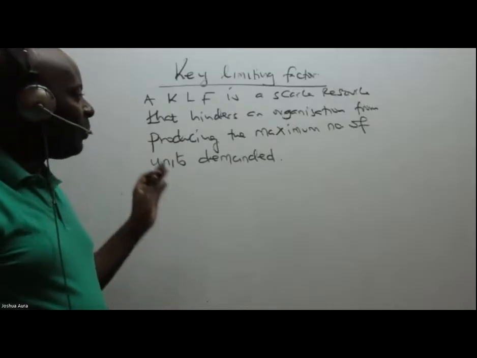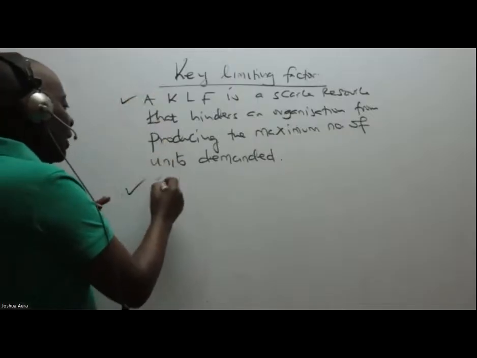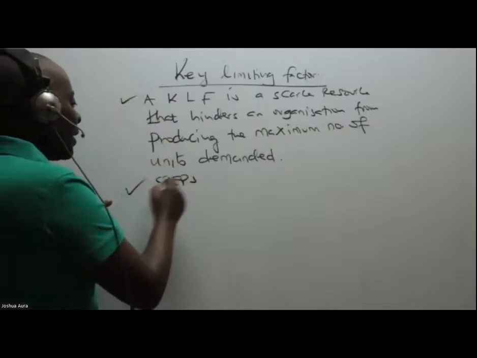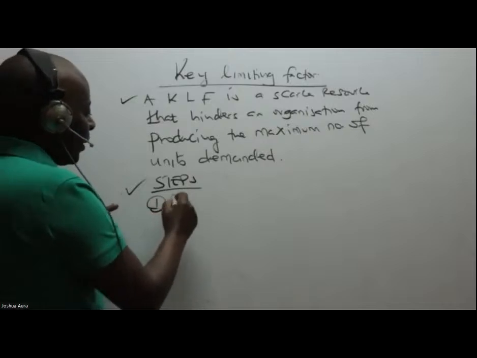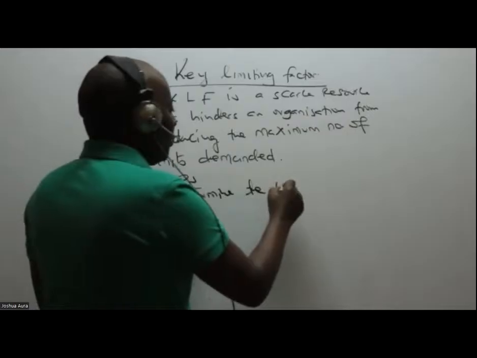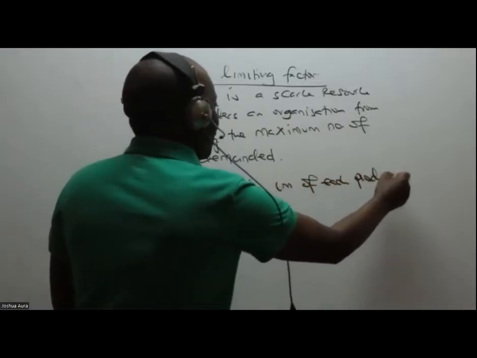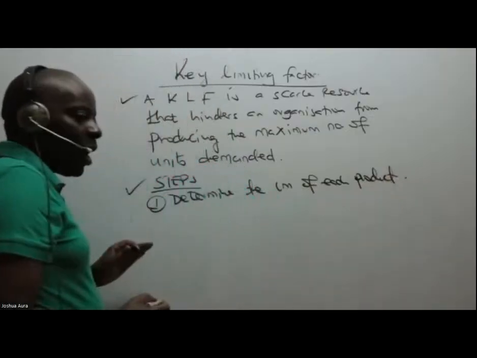So now, having appreciated this, what are the basic steps? Pretty similar to what we did. Step number one, ladies and gentlemen, is to determine the contribution margin of each product. That is number one.